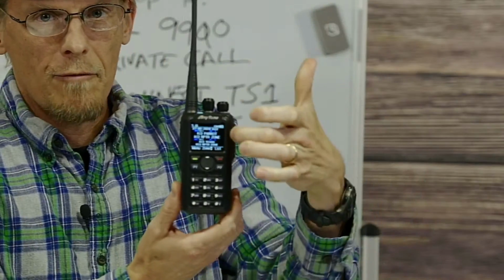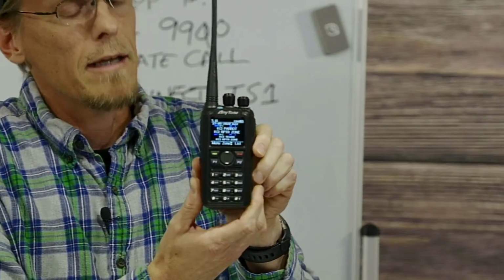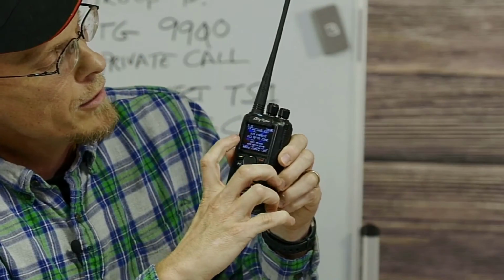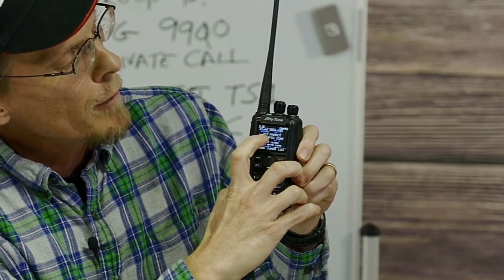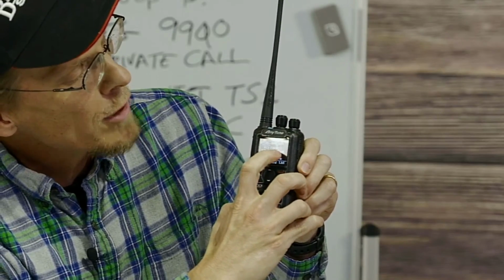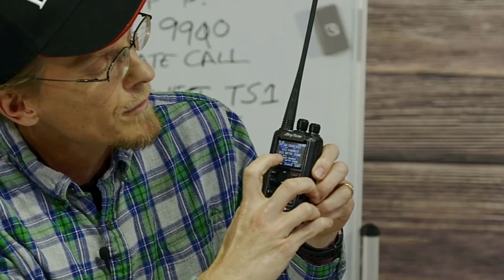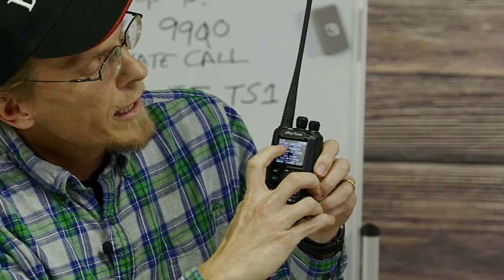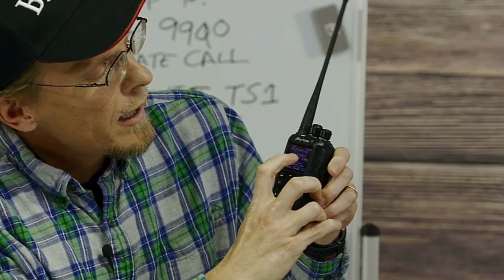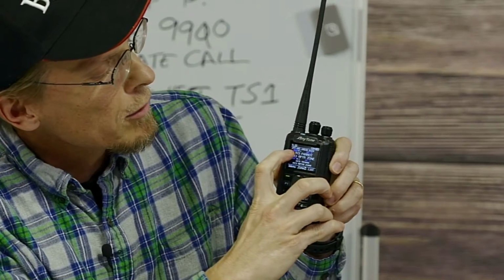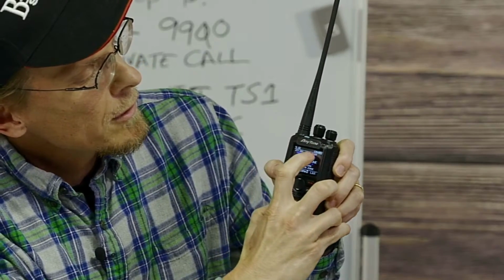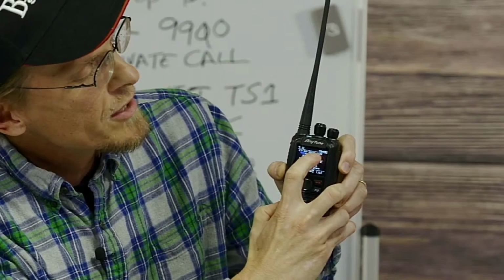There's a lot of information on this screen that is very important. You can see that I've defaulted to the KC repeater zone, which is the one I just put in there. I am on channel 1, which is the parrot. I'm on a digital channel. Up here in the upper right corner, it says C04.